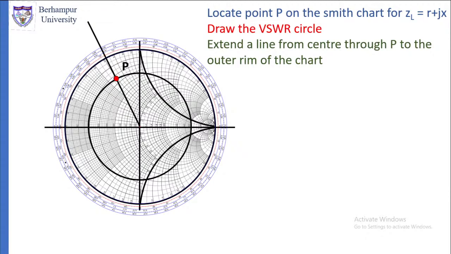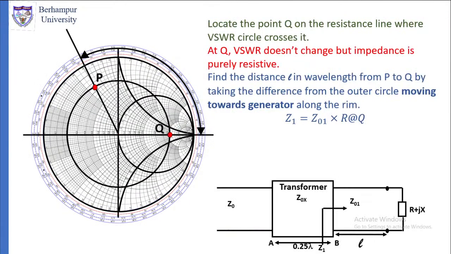Then we will move from point P to the point Q. Q is the point on the horizontal line where the constant VSWR circle meets the horizontal line. So locate the point Q where the constant VSWR circle meets the horizontal line.